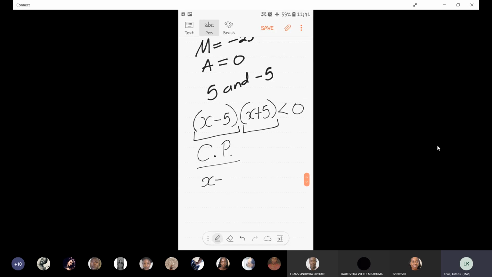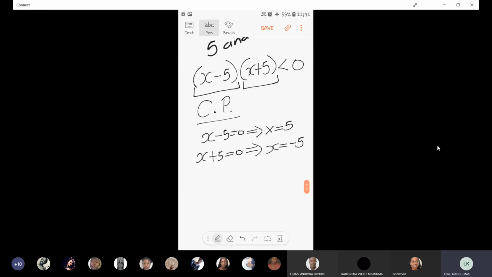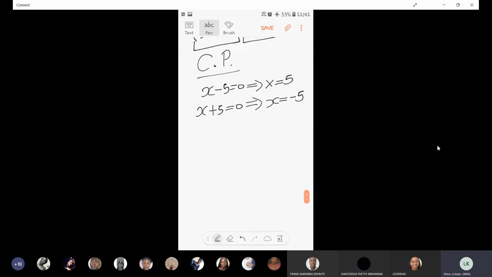So I have x minus 5 is equal to 0. This means that x is equal to 5. And I have x plus 5 is equal to 0. This means that x is equal to minus 5. Then what these critical points do is that they divide my number line.